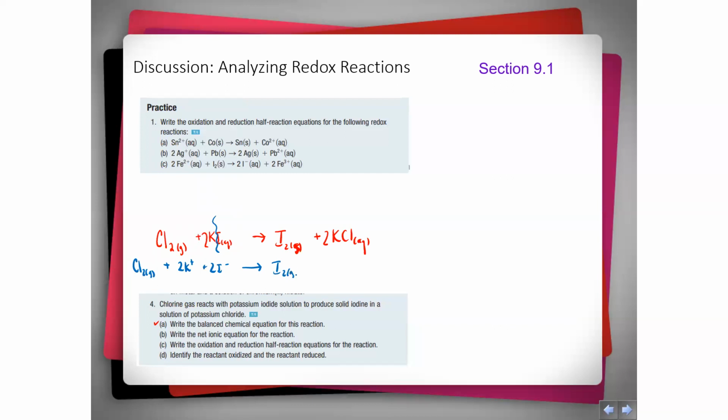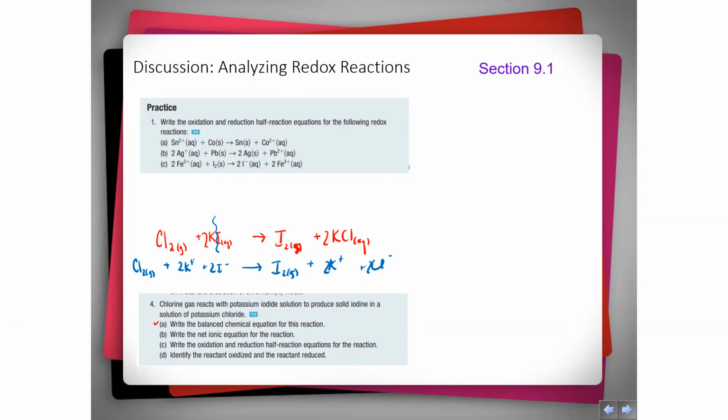Iodine is in its elemental state, so it stays as I2. And then KCl is a salt, so it's going to be K plus and Cl minus and 2 of each. So the ions, everything's been split up.